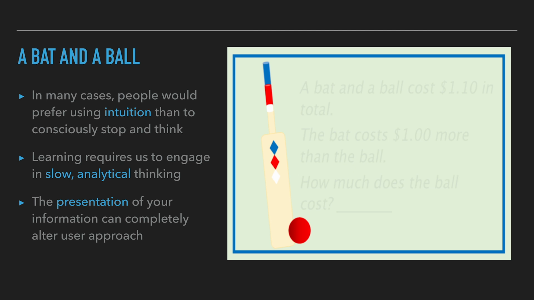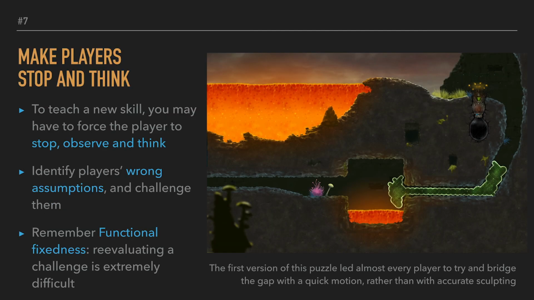And by changing the color of the text here, it changed, I believe, from 70% failure to 30% failure for a group of students. I can't remember. So the presentation of your information can completely alter the user approach. Make the players stop and think to engage that slow thinking. To teach a new skill, you may need to force them to stop, observe, and think.